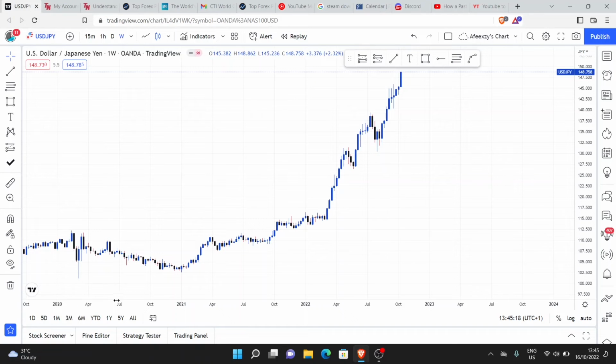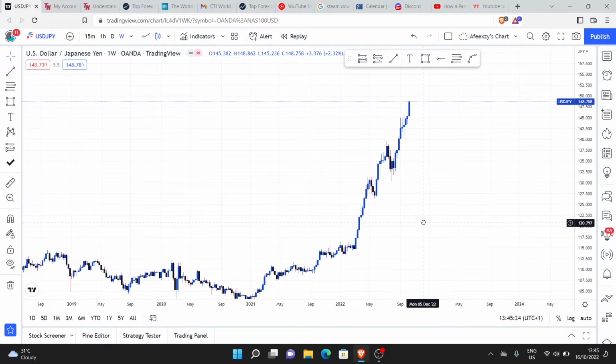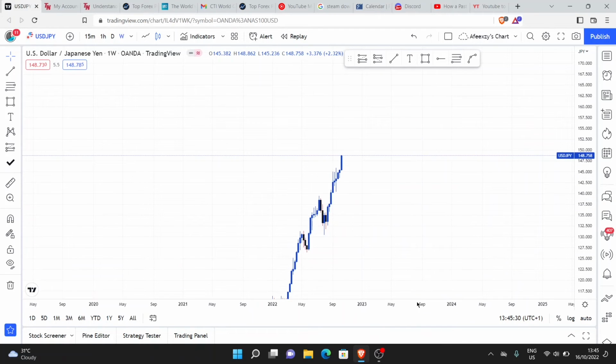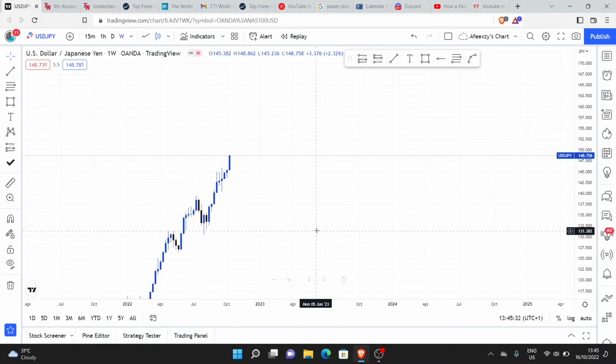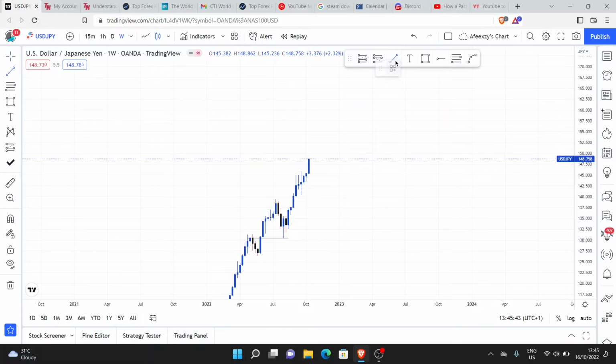So on this market, you can see that we are extremely bullish. As you can see, we are extremely bullish on this pair. On our weekly time frame perspective, you can see that it's just in a bullish order flow, and it keeps making highs, clearing the buy side liquidity, and it keeps making new highs.